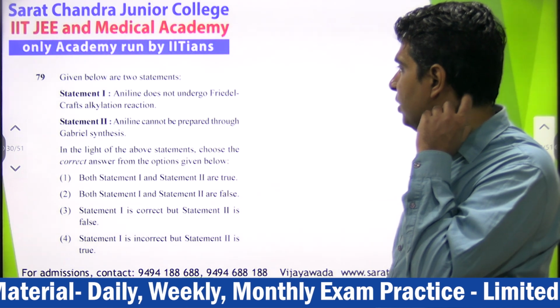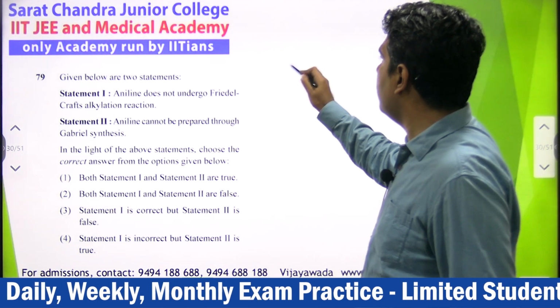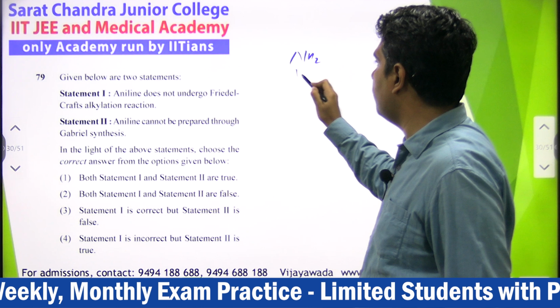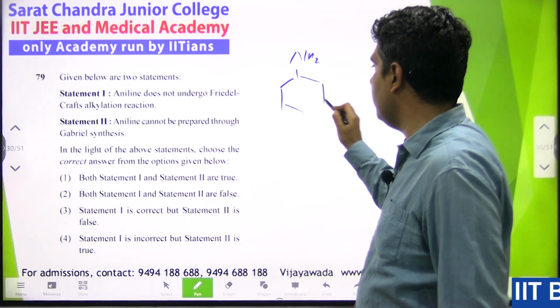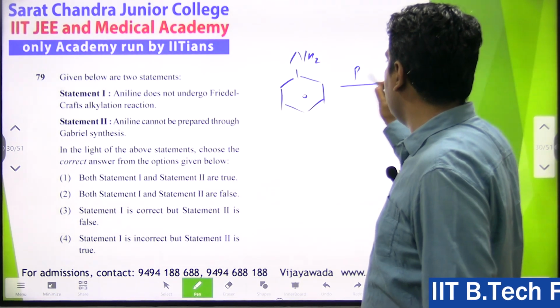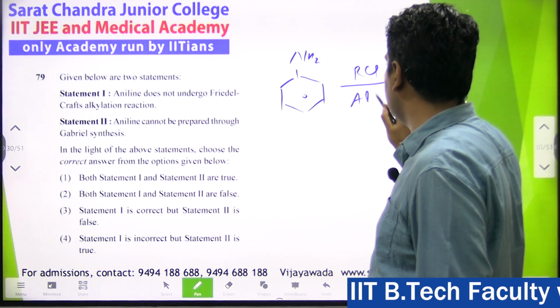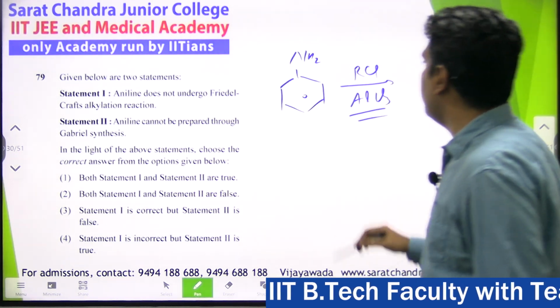Next, aniline does not undergo Friedel-Crafts alkylation reaction. So what is the reason? This statement is correct. In Friedel-Crafts alkylation, we are using alkyl chloride in presence of AlCl3. So what will happen?